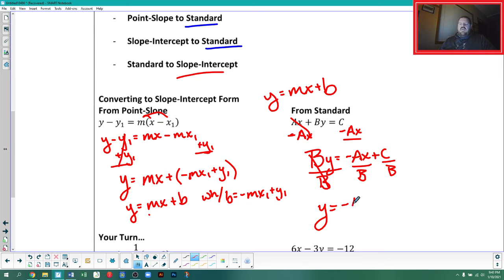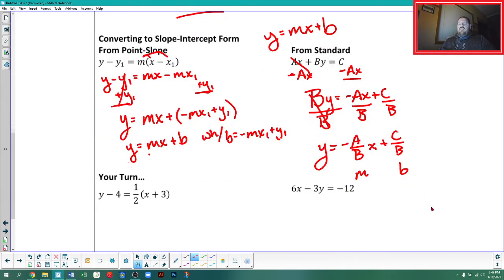So we have negative a over b, x plus c over b. And that's written in mx plus b form. All right. So my slope is negative a over b, and my y-intercept is c over b.